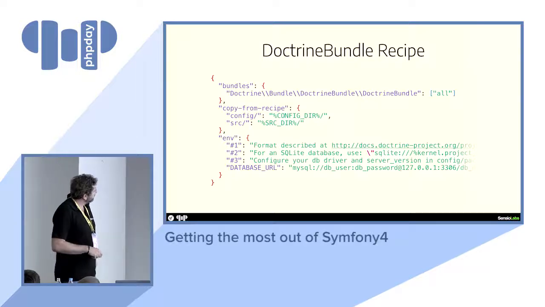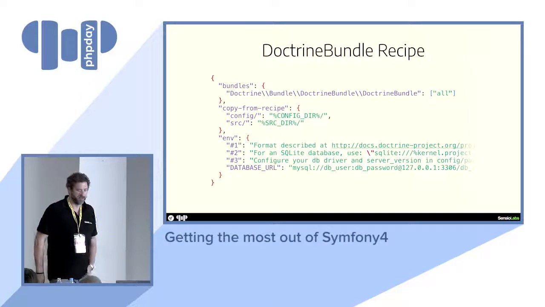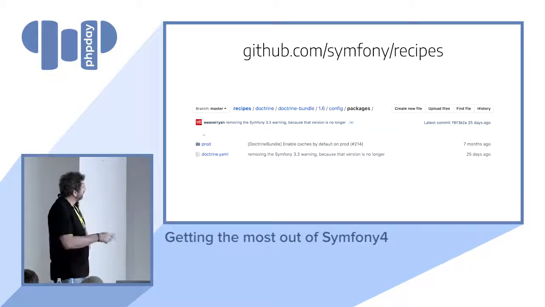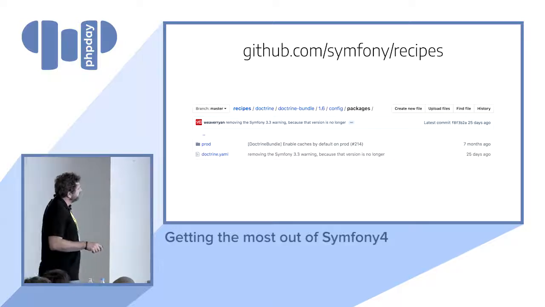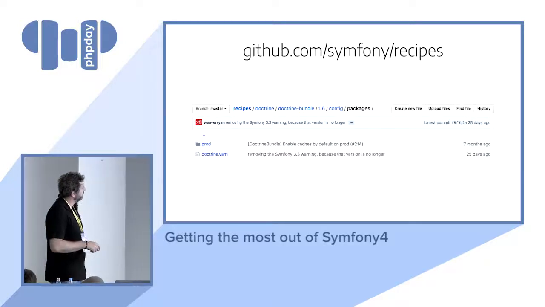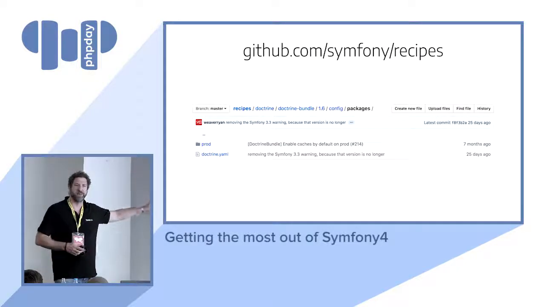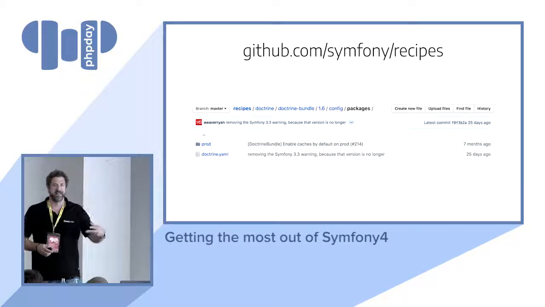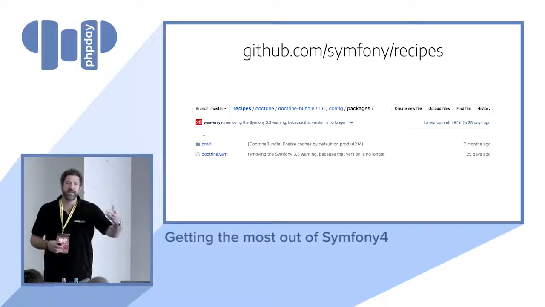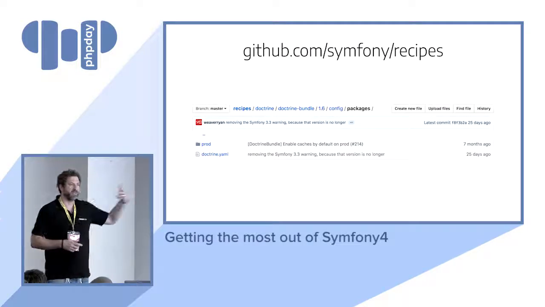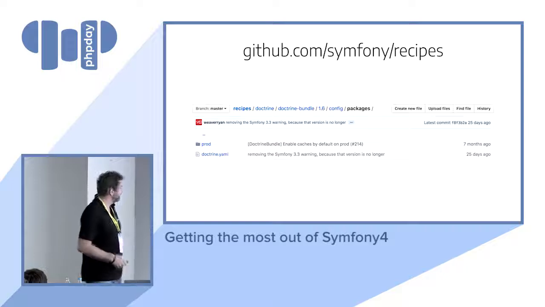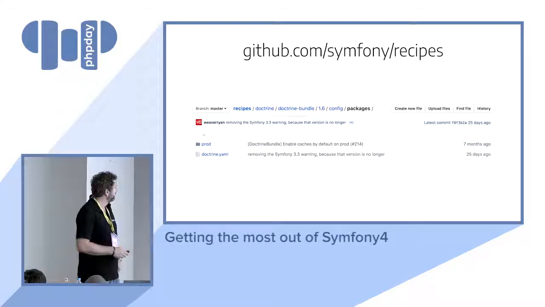And it can add something to the env file, and this is another chapter that we are going to talk about. So inside the config packages directory, you see this is the Doctrine YAML that gets added, and now you understand why we split up the configuration files, right? Not only are they more organized, they are now addable and removable by Flex easily and less error prone.